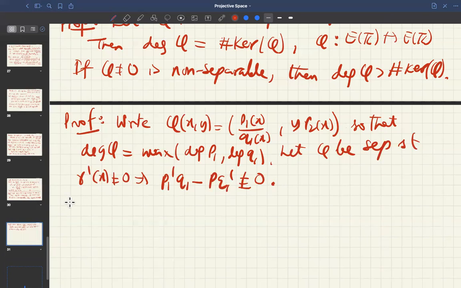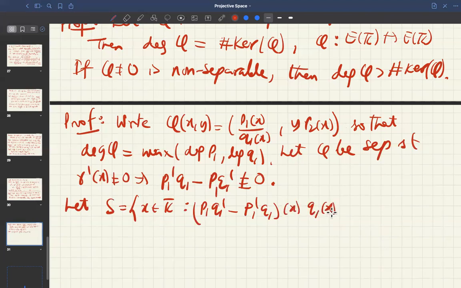Let S be the set of all x in K bar such that (p1 q1' minus p1' q1)(x) times q1(x) is 0.